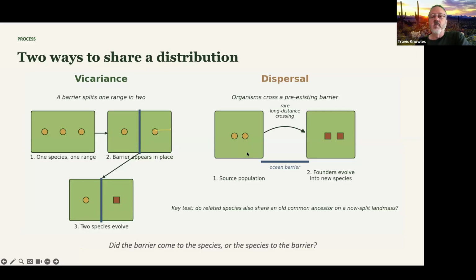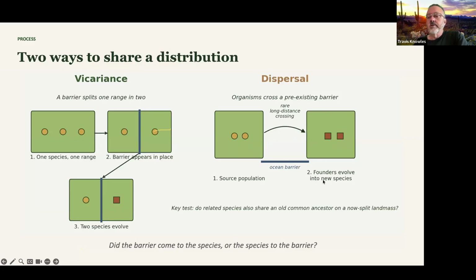A second way that we can get different species is if the original species crosses some barrier itself, like the ocean. So, lizards could raft on floating vegetation out onto an island, for example. Or birds, if they're flying around, could get caught in heavy winds and blown off course and land on some island, or land on another landmass even where they don't exist.